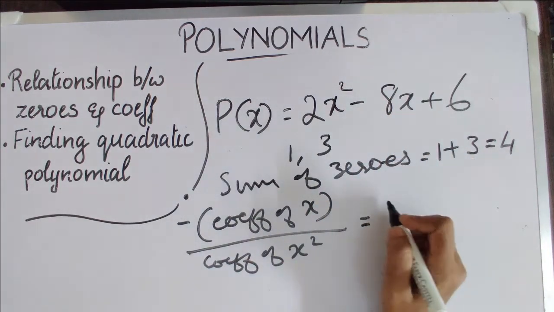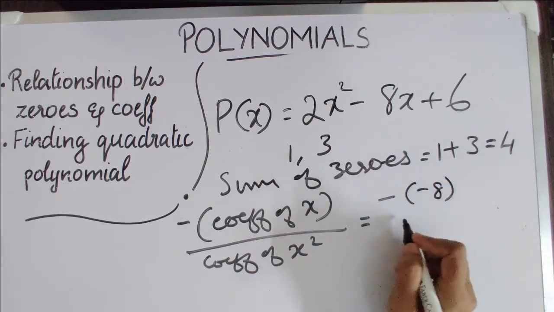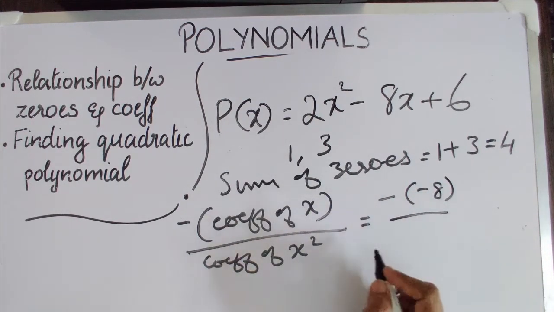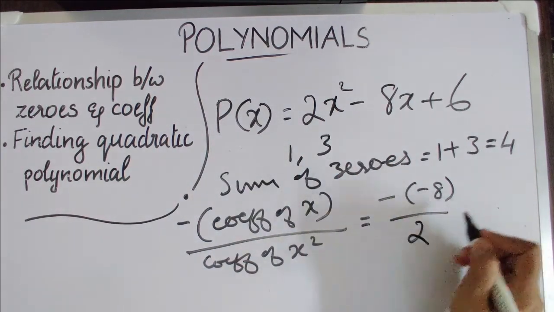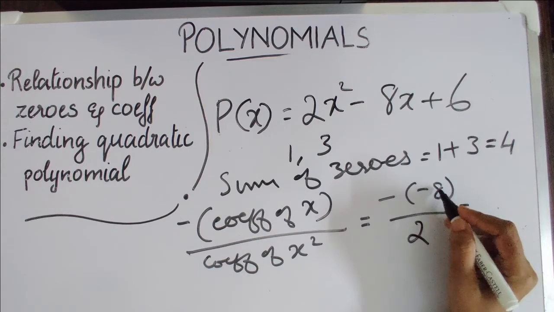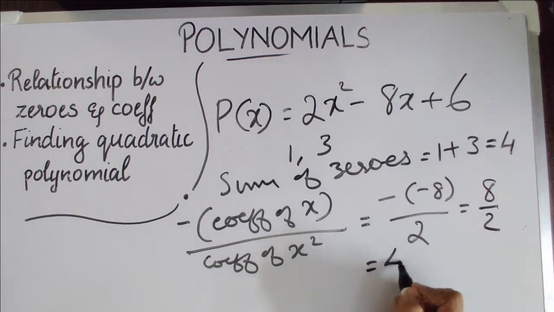Then put the value, minus of minus 8 divided by the coefficient of x square, which is 2. This is equal to minus into minus 8, equal to 8 by 2, which gives 4.